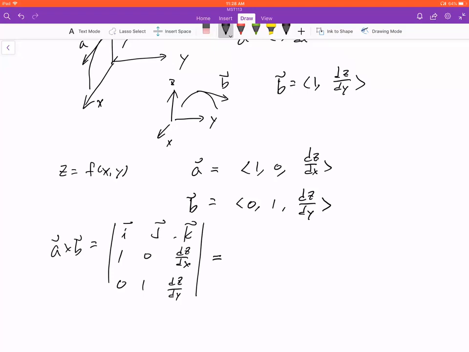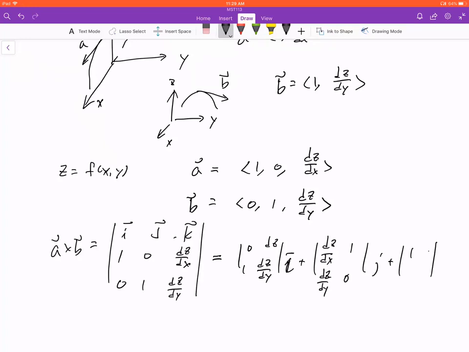So if we calculate this one, we're going to have 0 times dz/dx minus 1 times dz/dy, and that will give us the i direction. And then we will look at the j direction. Remember, swap these two columns. We have dz/dx and dz/dy, and then you have 1, 0. And then the k direction is easy because we have simply 1, 0, 0, 1.